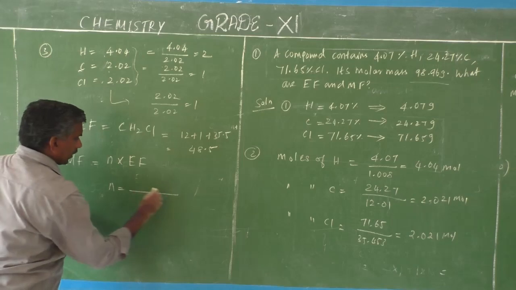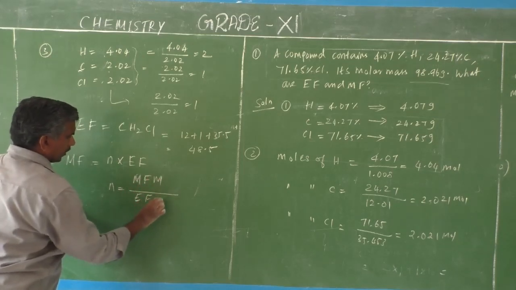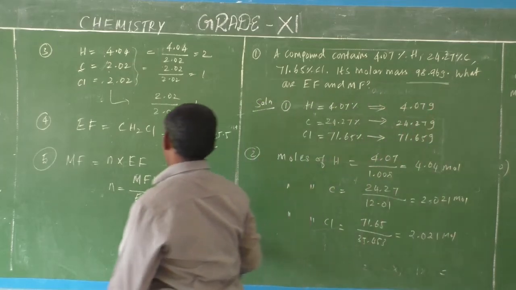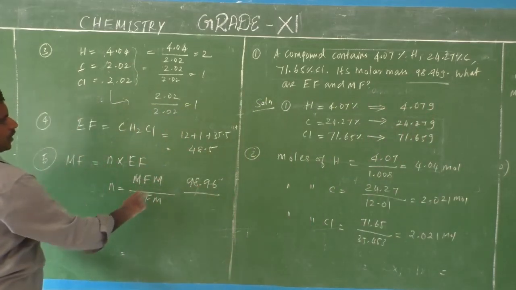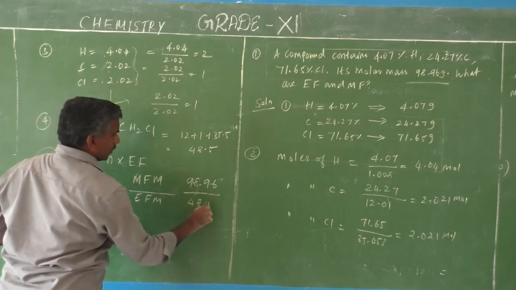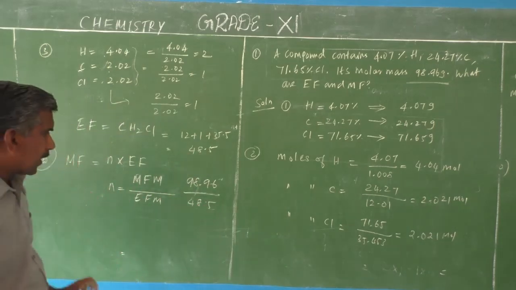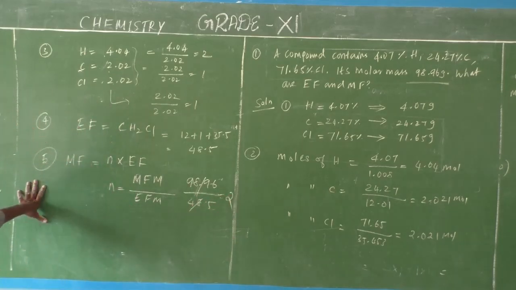Molecular formula mass is 98.96. Empirical formula mass is 48.5. 98.96 divided by 48.5 is approximately 2. So the n value is 2.